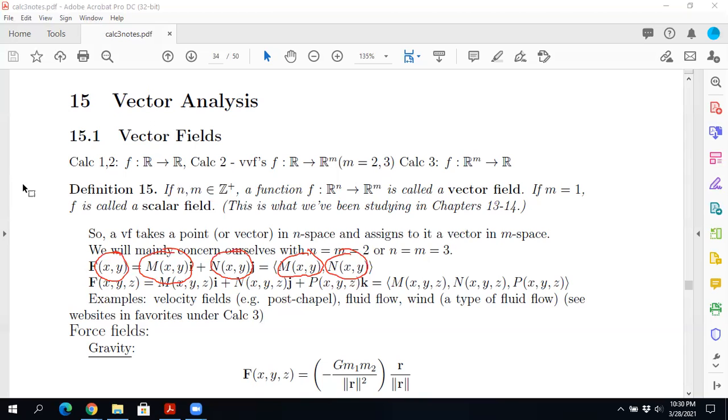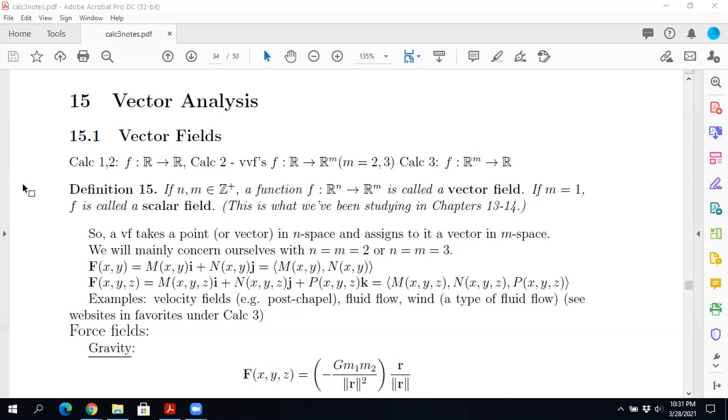We think of this as a vector with its tail at the original ordered pair, x comma y. And then we draw M of x y, N of x y emanating from that point so that we can imagine what's happening here. Typically we use M and N to notate the x and y coordinates of these vector valued functions.